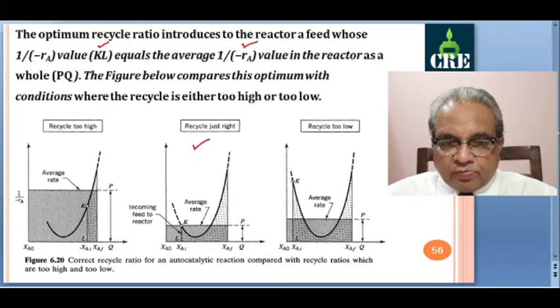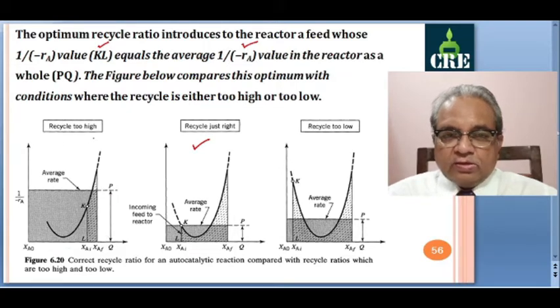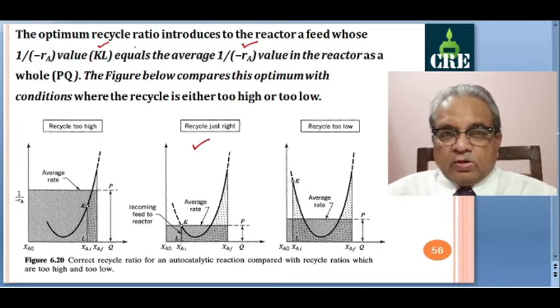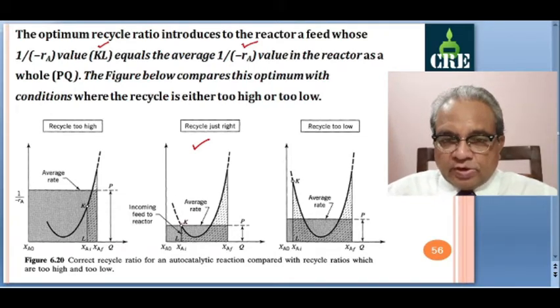At a higher value of XAI, this intermediate at some higher value, what we observe is this KL is much less than PQ. So recycle is too high. If recycle is too low, we shift towards this, XAI is at a lower value. In this case, you find this KL is much higher than this PQ. That means the optimum recycle ratio is the ratio where these two segments are equal.